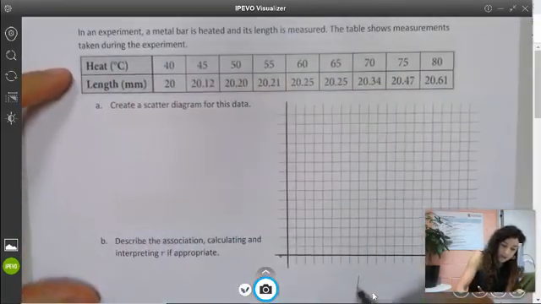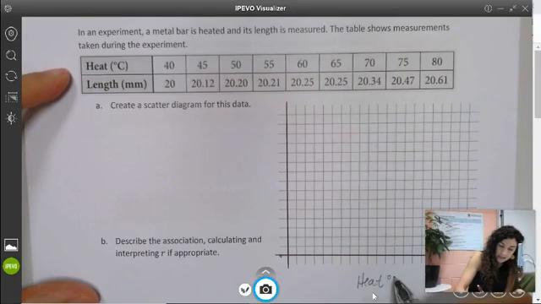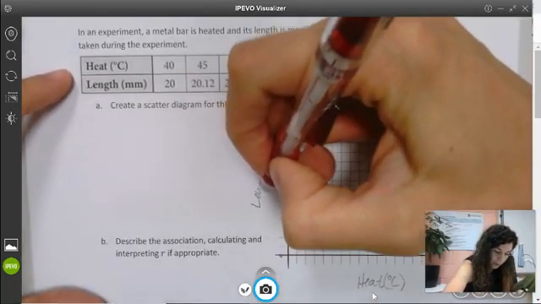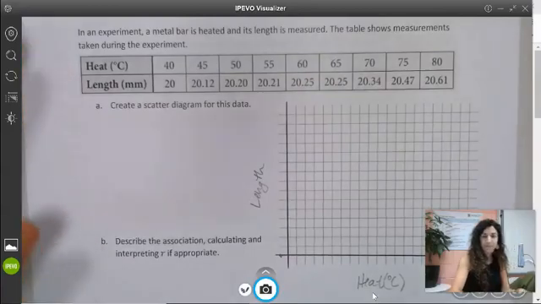On my x-axis, I'm going to put heat, and that's in degrees Celsius. And then on my y-axis, I'm going to put length.